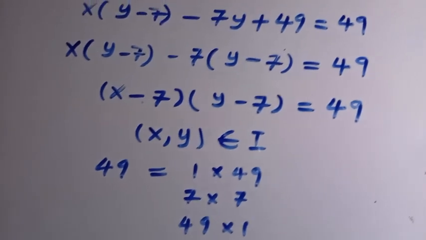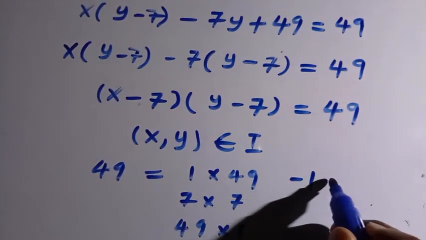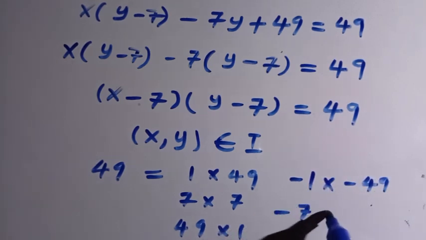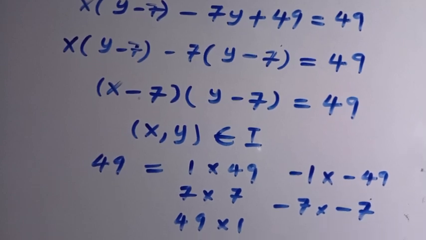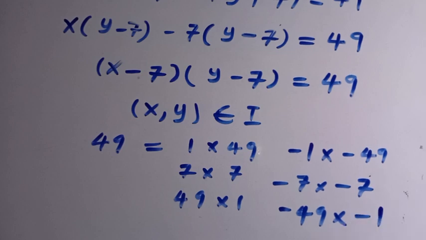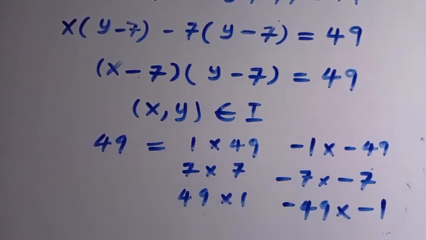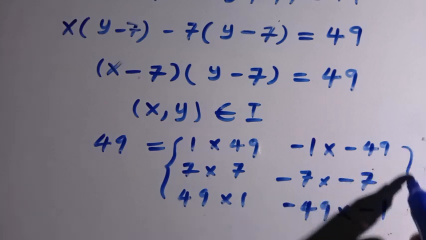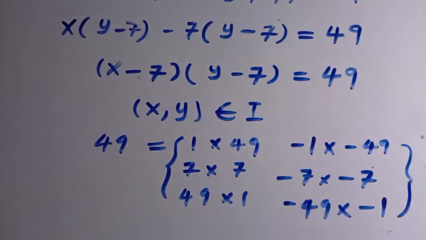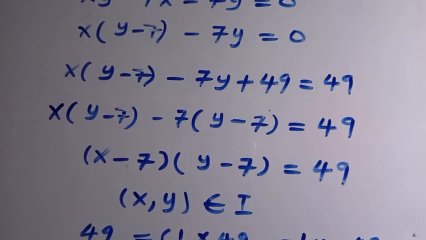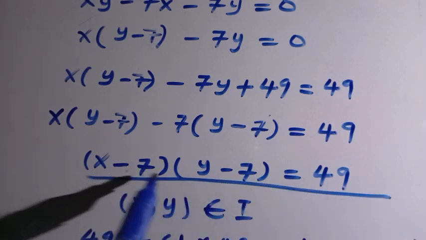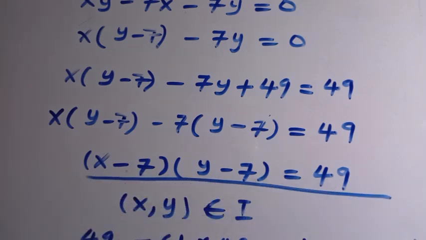For the negative, you can have minus 1 multiplied by minus 49, minus 7 multiplied by minus 7, and minus 49 multiplied by minus 1. So let's look for all these things to know the values of x and y, starting from x minus 7, y minus 7 equals 49.